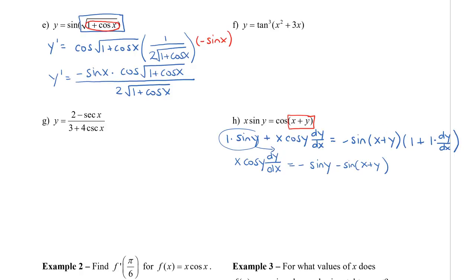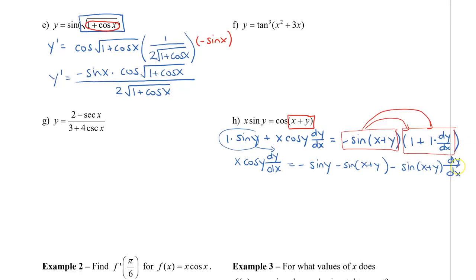However, it's kind of hard to see, but this whole expression here is being multiplied by this whole expression here. So when we multiply this, we need to distribute this to the 1, and also to the dy dx. So when I do this, I get the negative sine x plus y, and then I have another minus sine x plus y, and then dy dx.